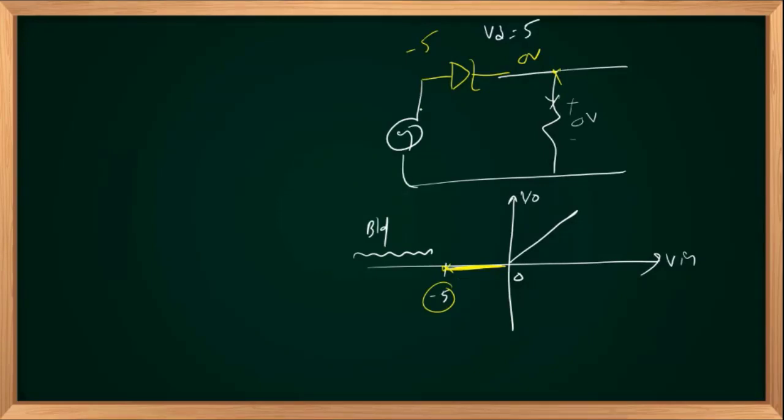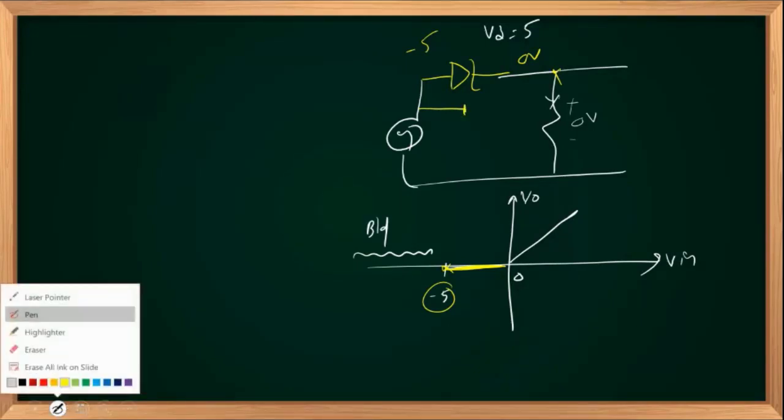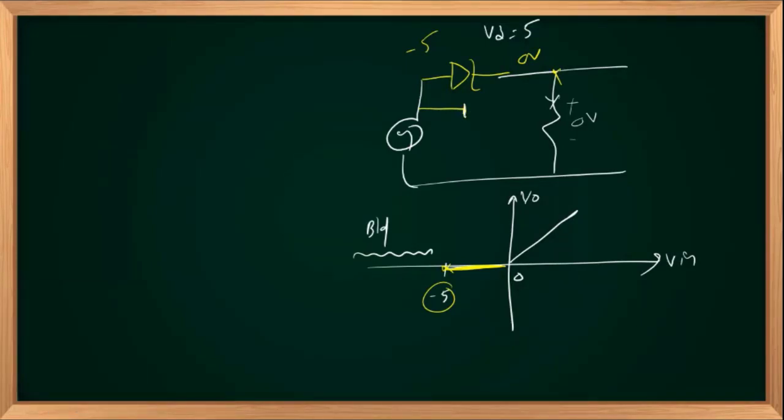Once it breaks down, you should replace the diode with the cathode positive, anode negative, 5 volts. So you're actually adding the 5 volts with the V in, right? V out is nothing but plus minus 5 plus V in.